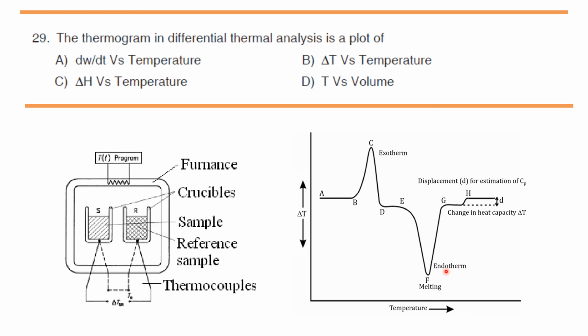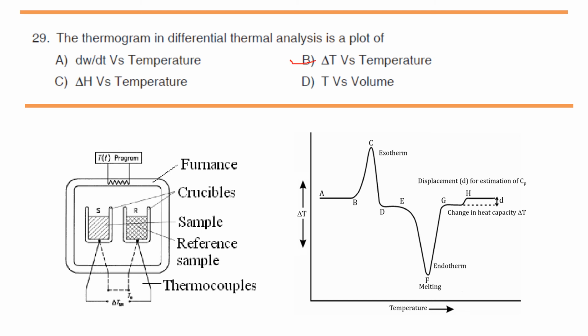You can have different types of graph based on the material that you are analyzing. But the basic idea is that in DTA, you'll be having a sample as well as a reference material, and both of them are heated, and the difference in the temperature between the two is actually measured as a function of temperature. Therefore, the correct option is option B.